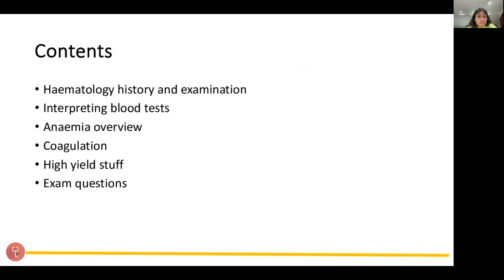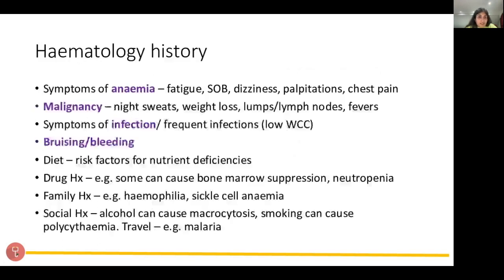And then we'll go through some blood tests, how to identify different sort of hematological disorders, including anemia, some of the malignancies, any coagulation disorders, etc. And then the majority of the talk will be anemia because that's the sort of biggest thing in heme. And we'll go through some high yield things at the end, followed by SBAs. So hope that's okay.